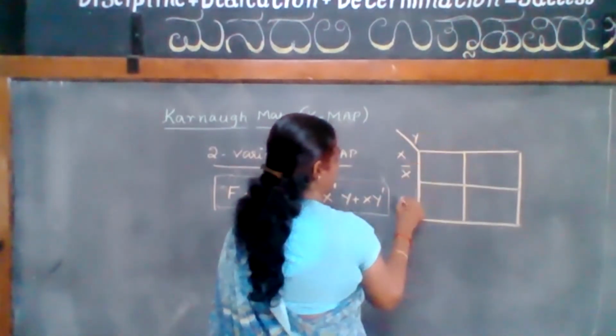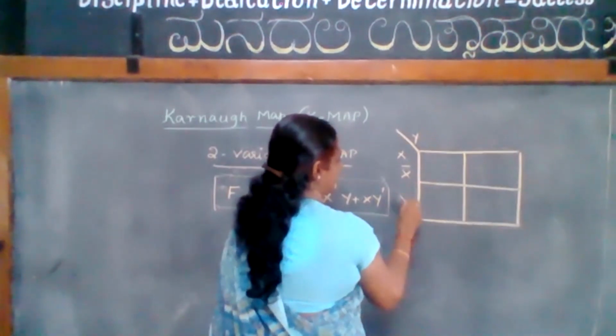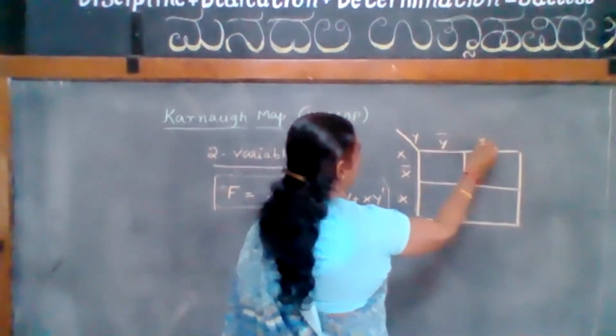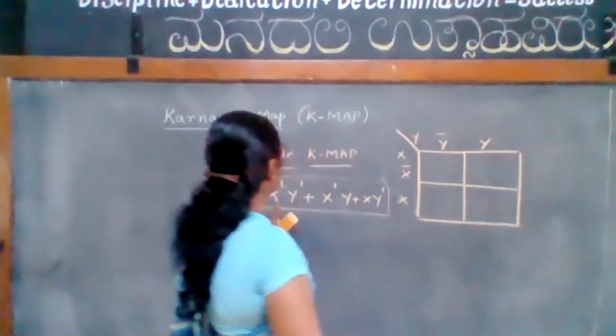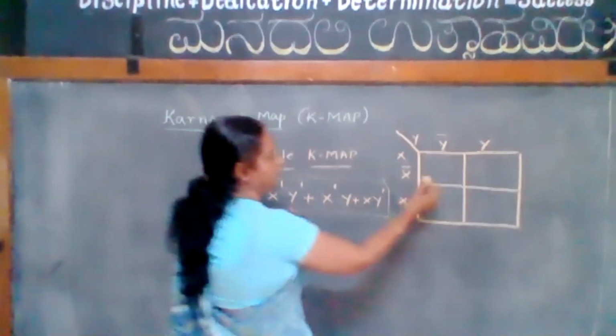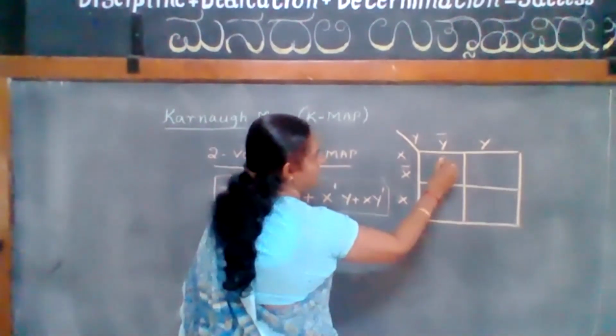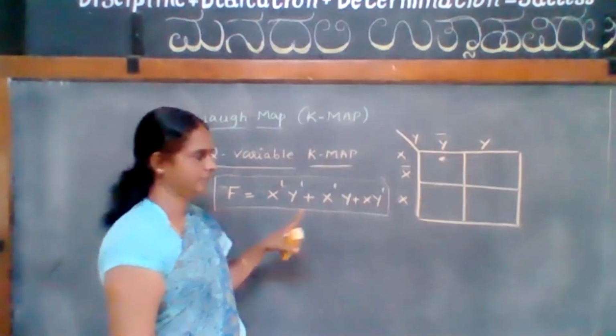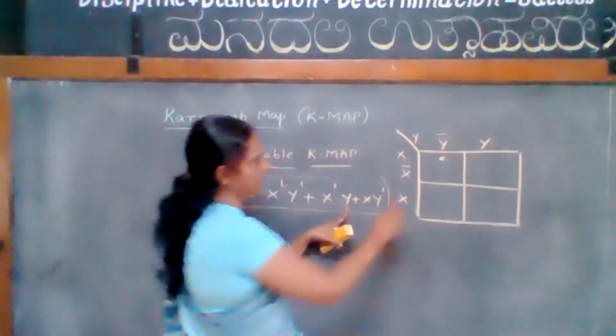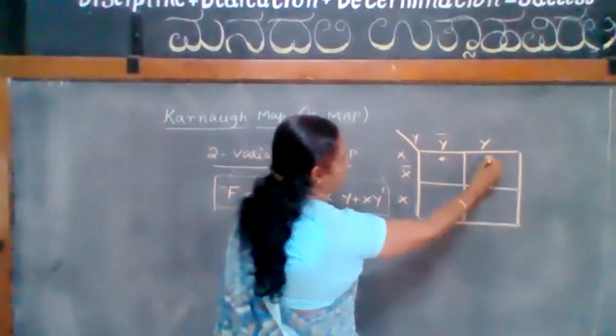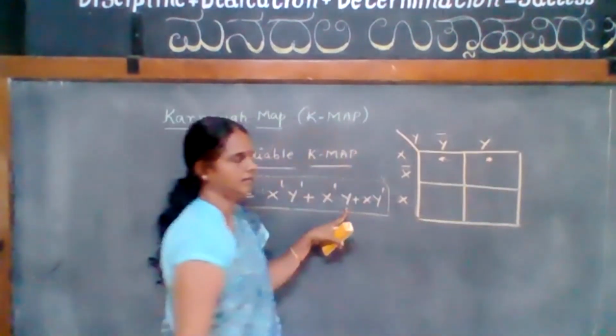This is x dash or x complement, x, y complement and y. X dash y dash belongs to the zeroth cell. X complement y belongs to the first cell.